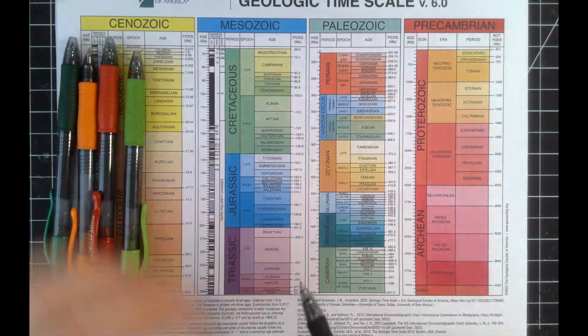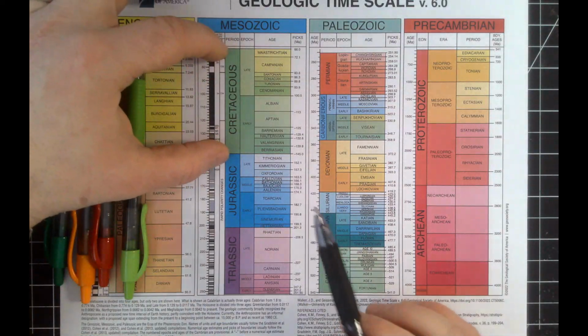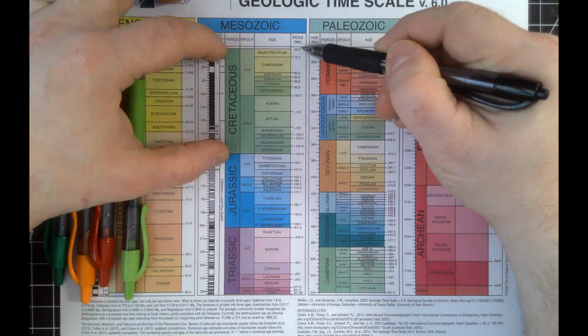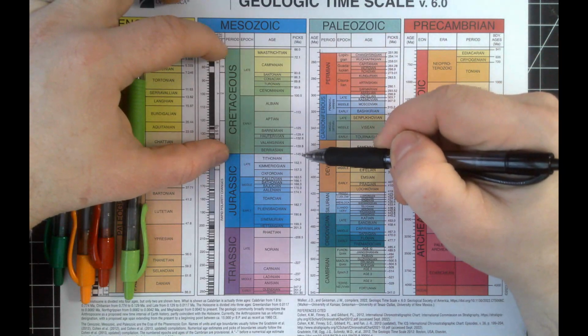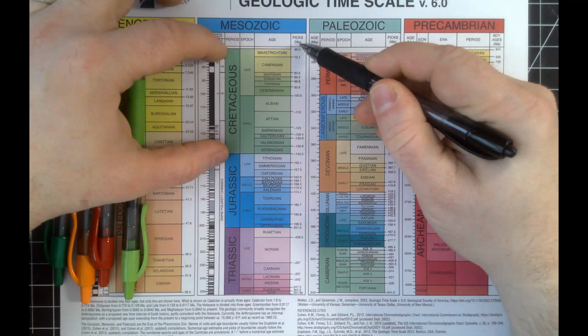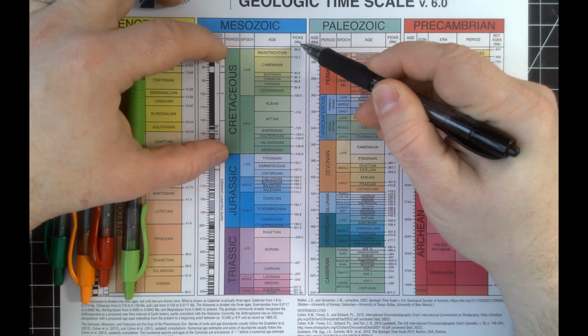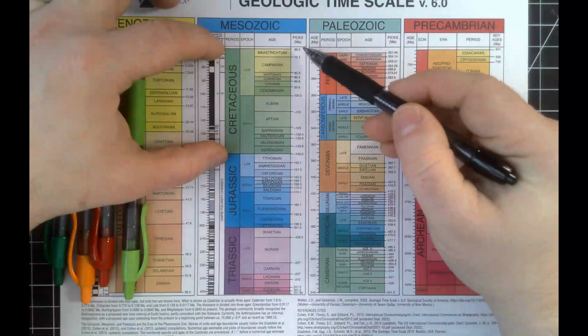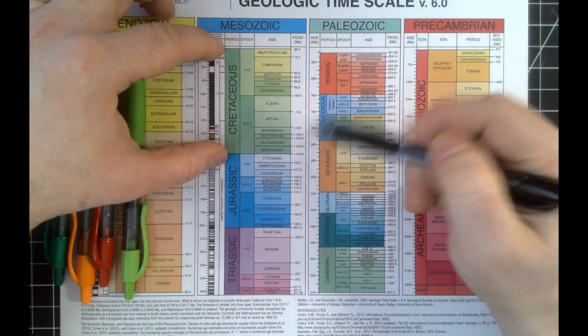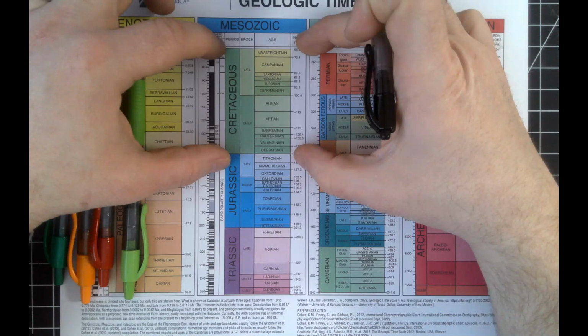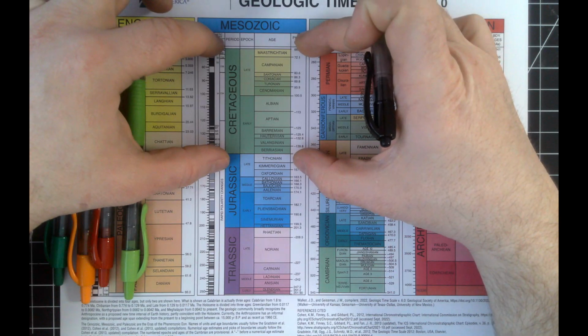So in this case, if we look at the Cretaceous period, we can see that it ends at 66 million years ago, but it actually started about 145 million years ago. And again, MA stands for millions of years ago. So 66 to 145, we can then work out that time difference and how long that period lasted.